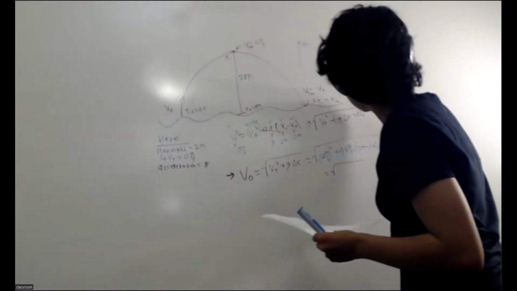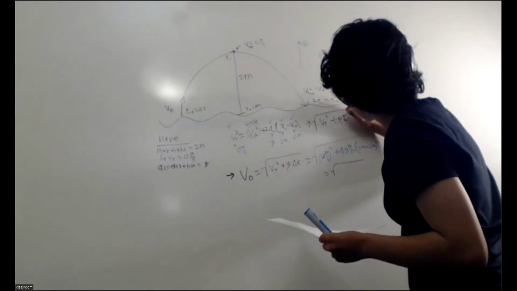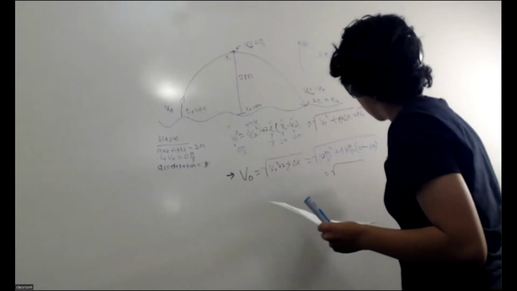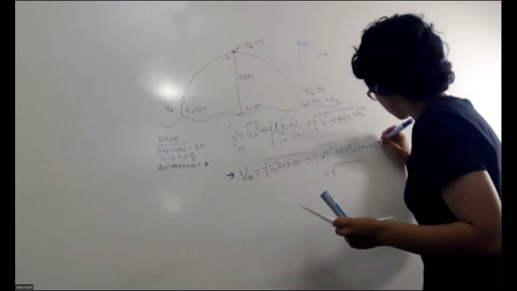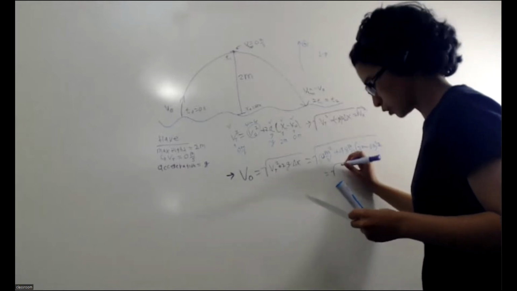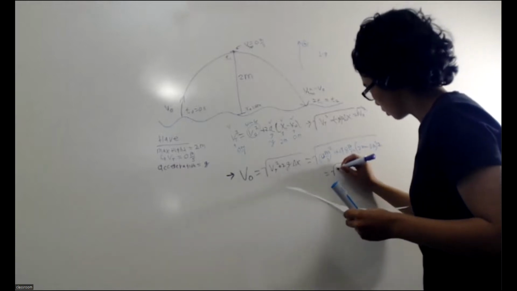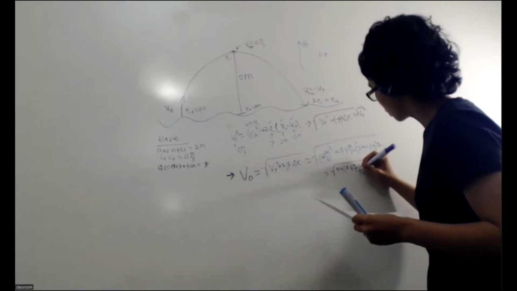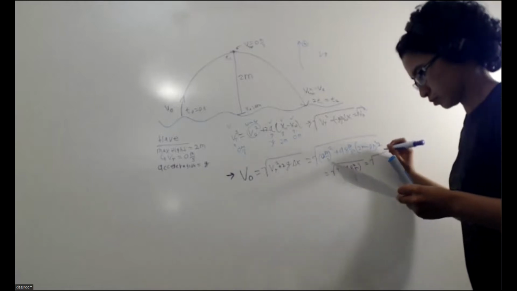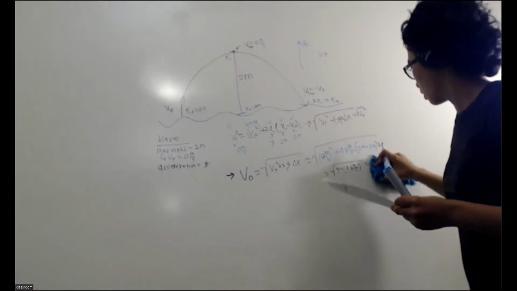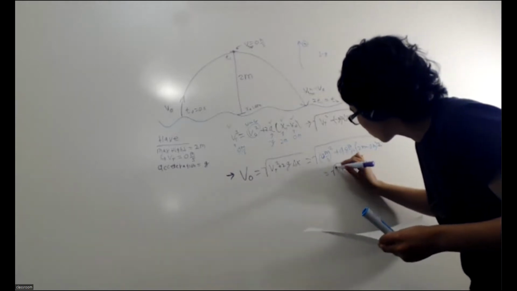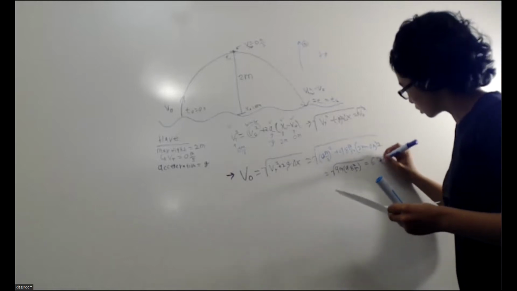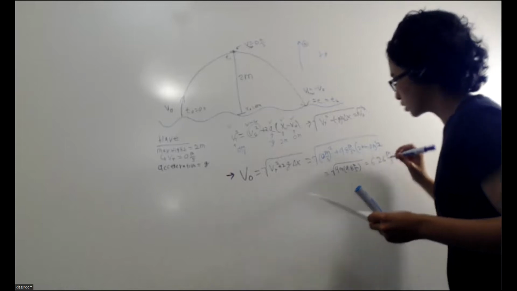There's a 2 in front of this A. So, 2 times 2, so then that's going to be 4 meters times 9.8 meters per second squared, which is equal to 6.26 meters per second.